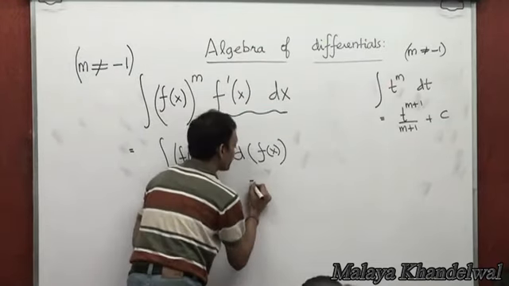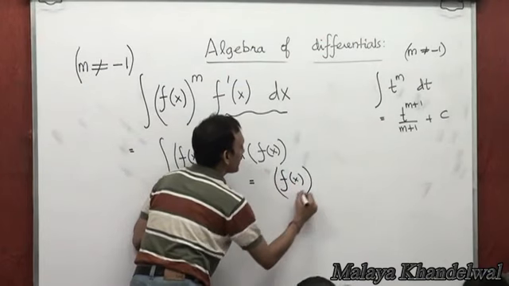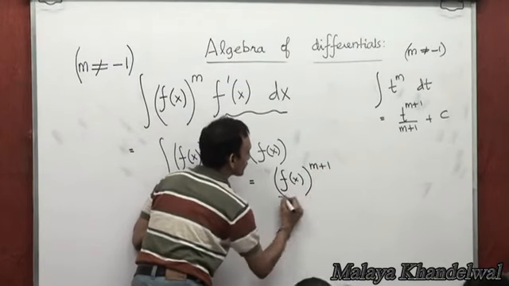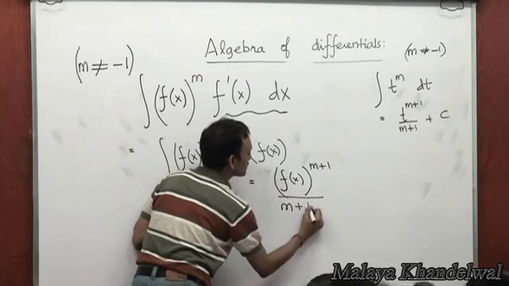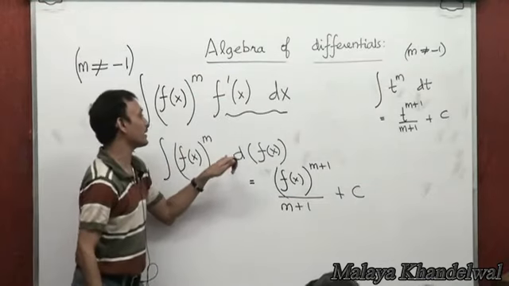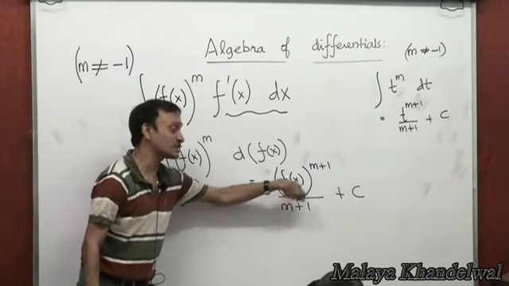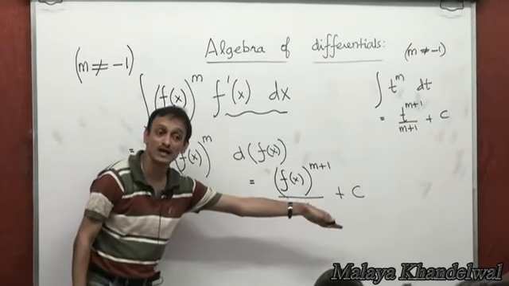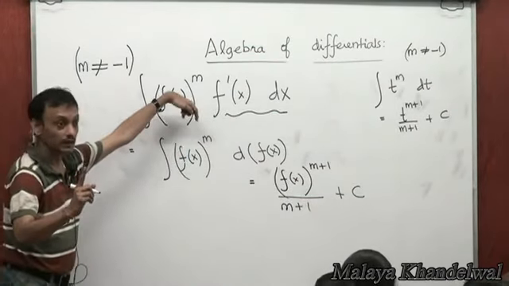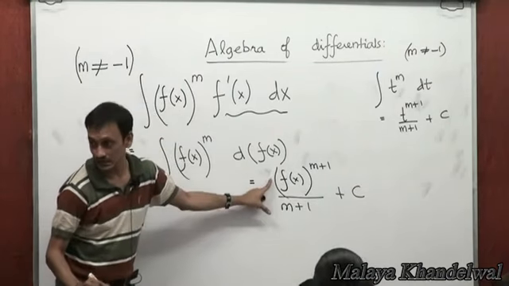So this is going to be f(x) to the power m plus 1 by m plus 1, plus c. The integral of f(x) to the power m d(f(x)) is like t to the power m dt, and that's t to the power m plus 1 by m plus 1, plus c, with m not equal to -1, otherwise the operation would become illegal.